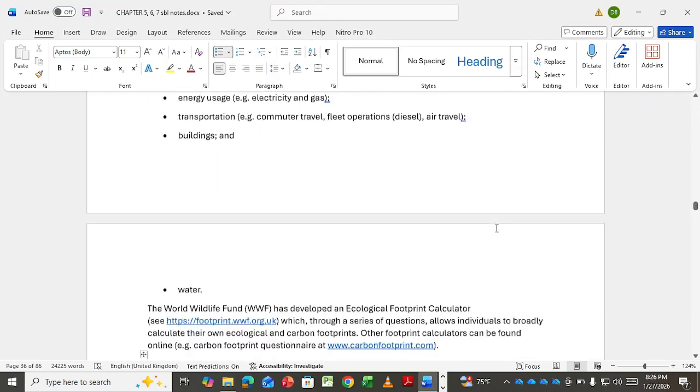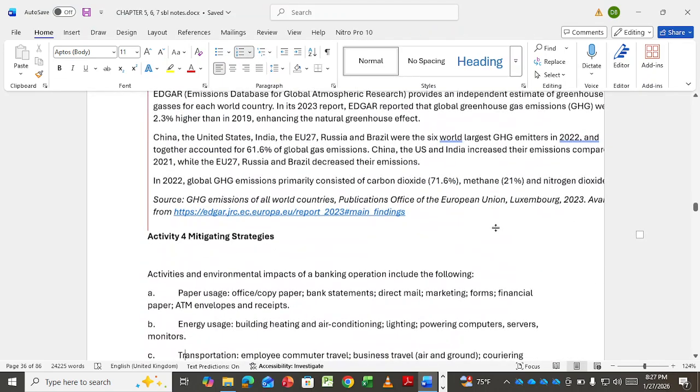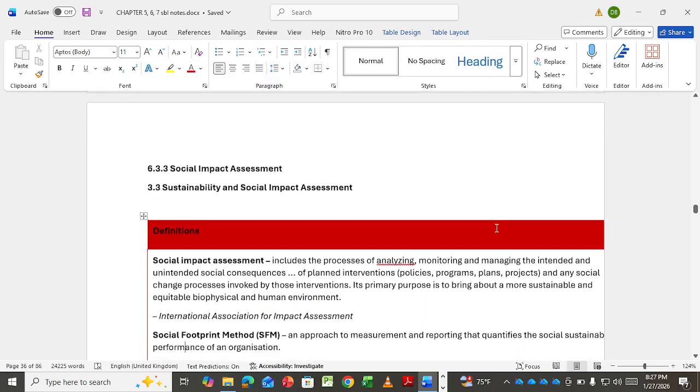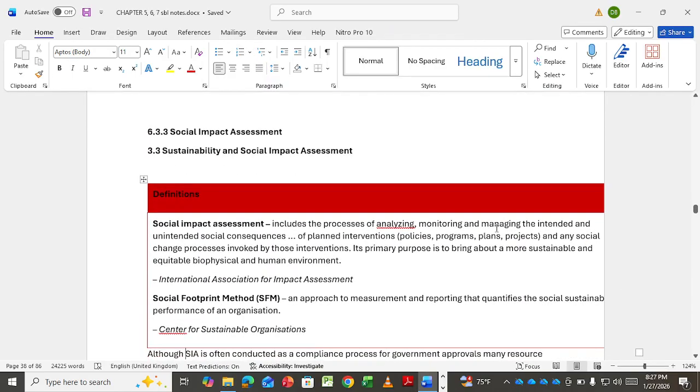Then we have the social footprint. This one talks about the performance; we look at the society, the society that is surrounding the environment.